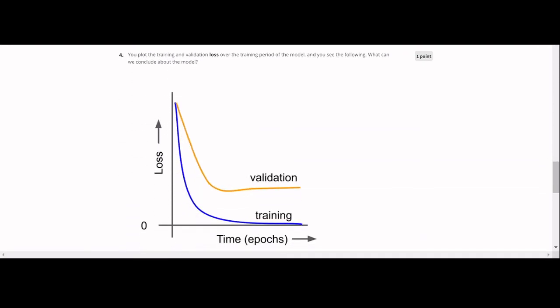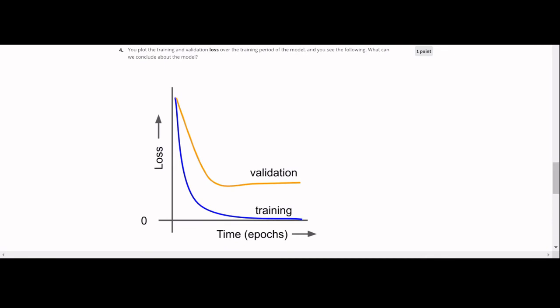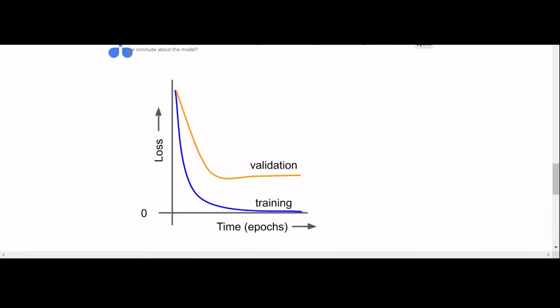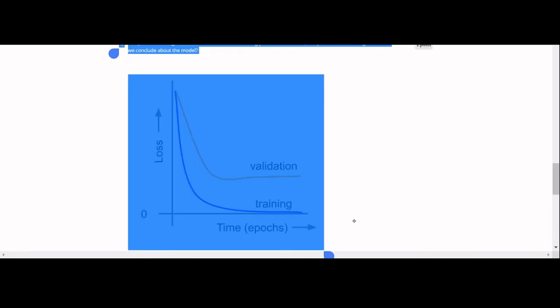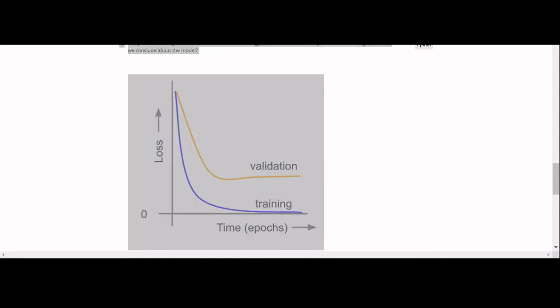Now, here you can see the plot of the training and validation loss over the training period of the model. Okay, so now go for this one, copy, and we can paste it here.